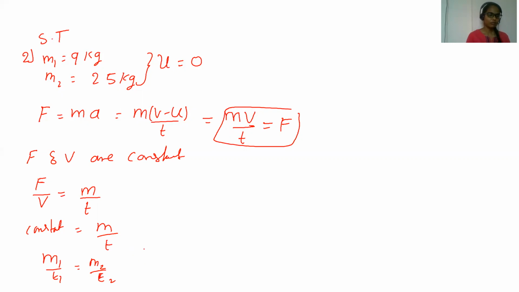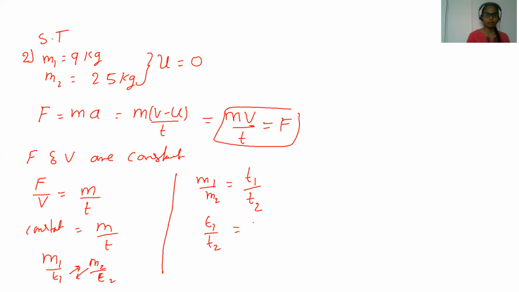From this I can now write the relation m1 by m2 is equal to t1 by t2. Cross multiply: m1 by m2, t2 will go up, t1 by t2. Understood, children? We need to find t1 by t2.